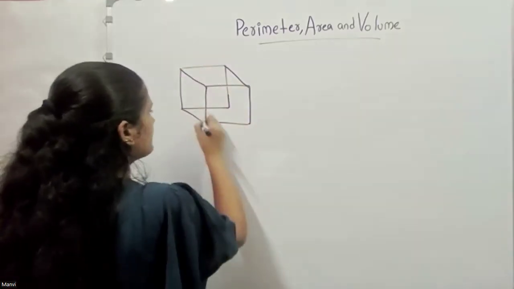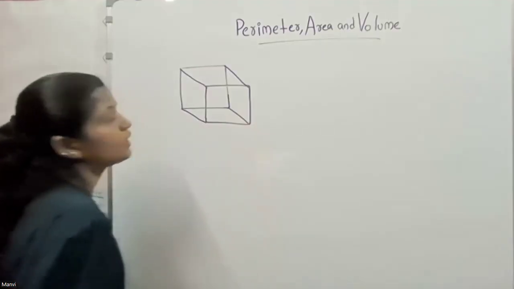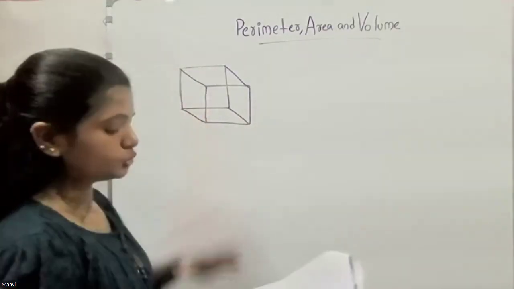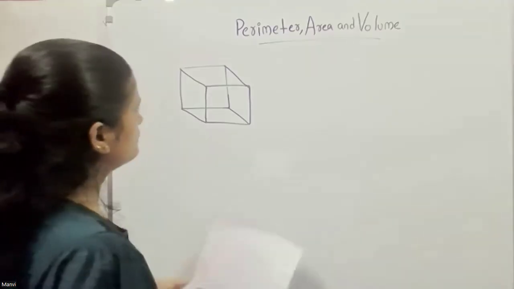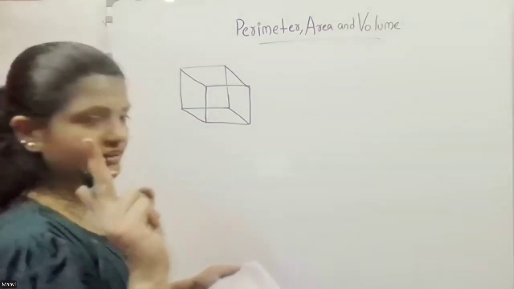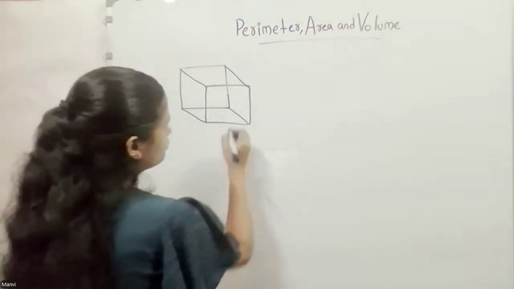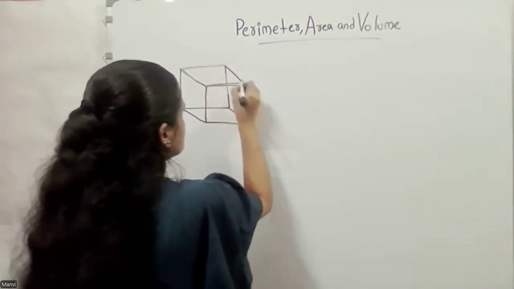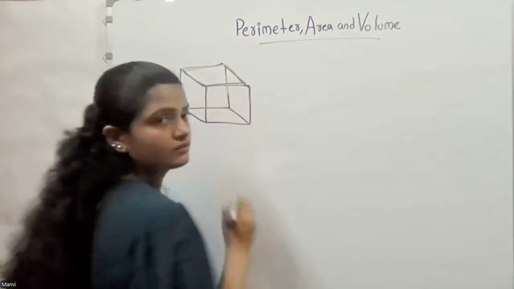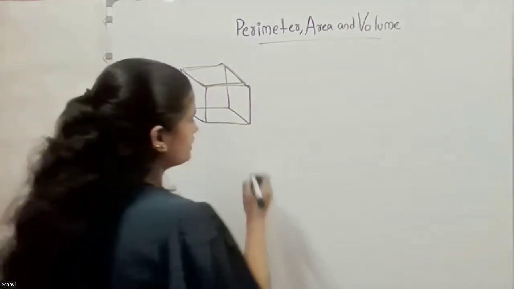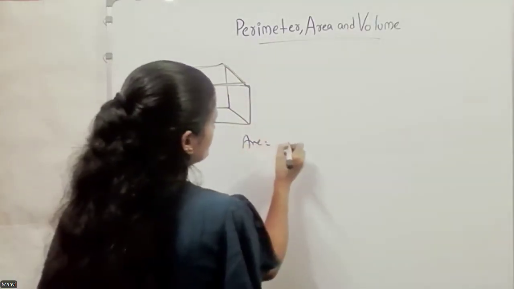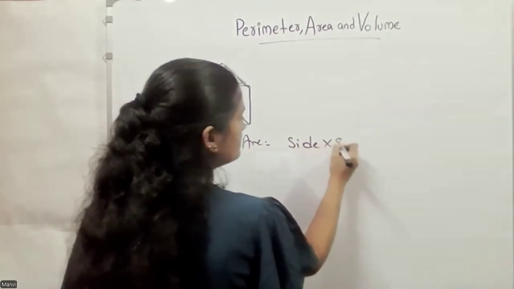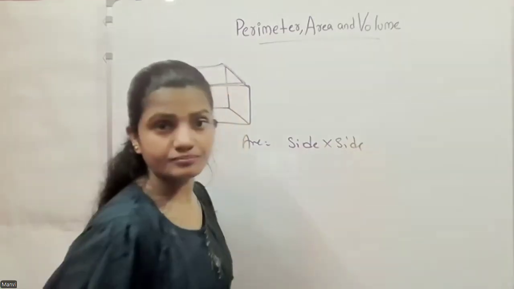And if we want to calculate the surface area of this cube, the area of one face, if I'm talking about this top face, looks the same as a square, right? So area will be side times side, okay?